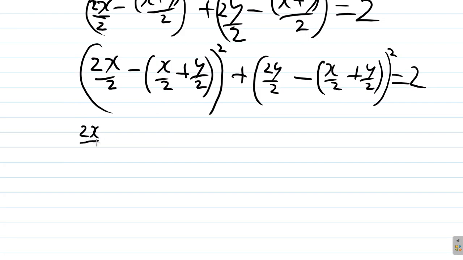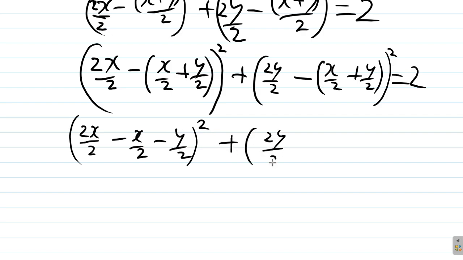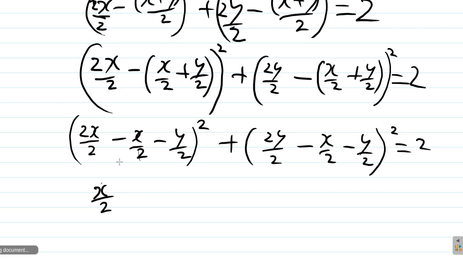So this is 2x over 2 minus x over 2 plus, no, minus, because the minus changes the sign of everything inside. So minus y over 2, all squared, plus 2y over 2 minus x over 2 minus y over 2, squared, equals 2. So what we have now, 2x over 2 minus 1x over 2 gives us 1x over 2. You see that part?